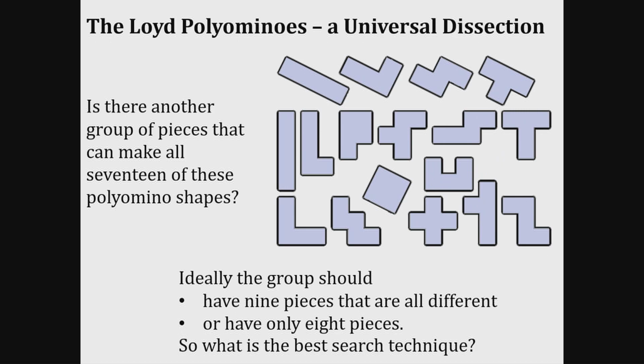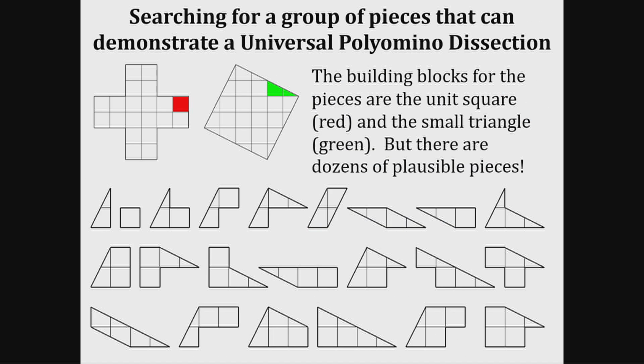So I got to thinking, are there any more universal polyomino dissections? In particular, might there be one where all the 9 pieces are different, and might there even be an 8-piece one? And more to the point, how do you go about actually finding it? Well, it's fairly obvious that most of the pieces are going to be made up from squares and little Loyd triangles.